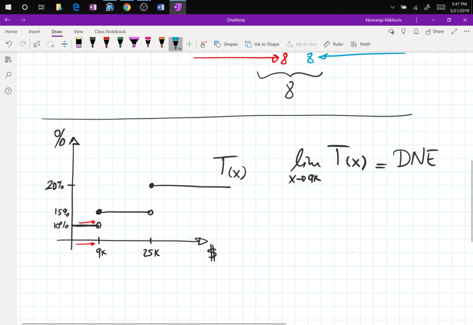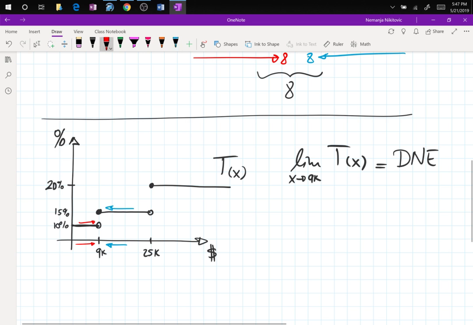And as Romeo approaches from the right towards 9k, he is always paying 15%. There is no point at which they would be paying the same amount. In a previous example, the common number was 8. They agreed at 8. We say converged to 8, right? So now they diverge. There is no point at which they get to pay the same tax.